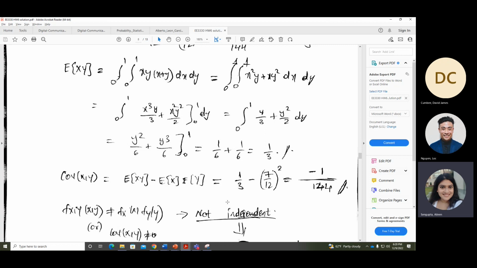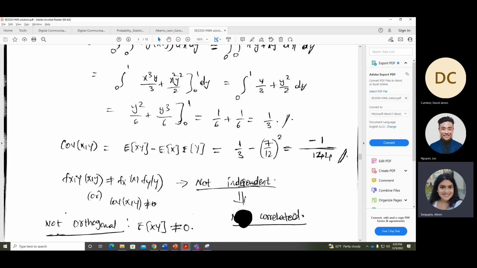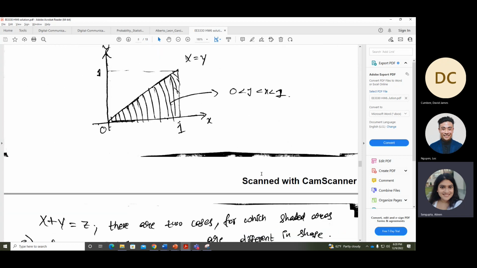Now we are going to talk about independence and correlated data, but this particular problem might be important from your exam's perspective.